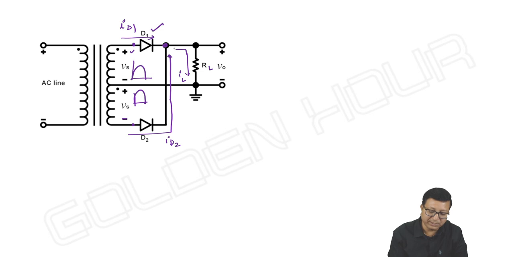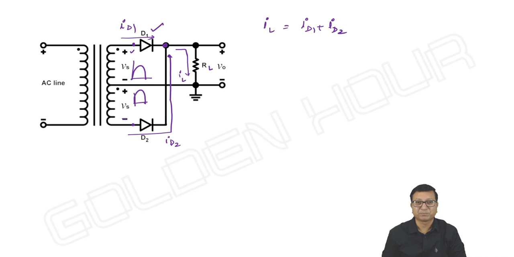ID1 plus ID2 is equal to IL. So IL is equal to ID1 plus ID2. Just see this notation. Both the currents are entering and IL is leaving. If I take the node equation here, ID1 plus ID2 is equal to IL.